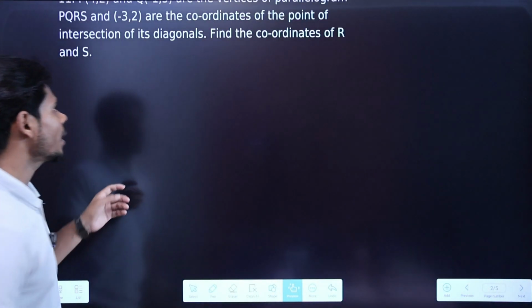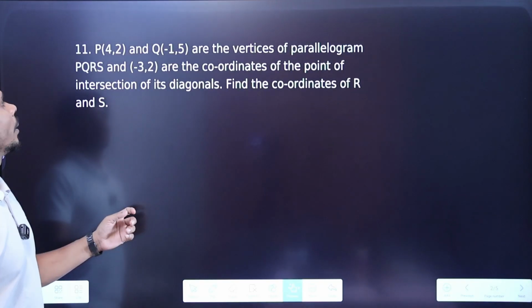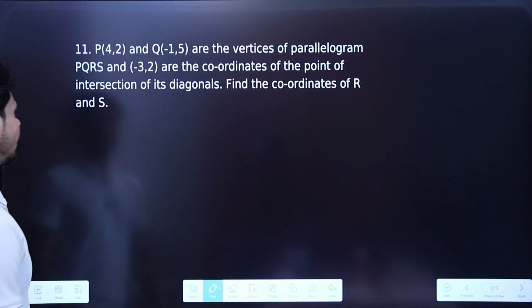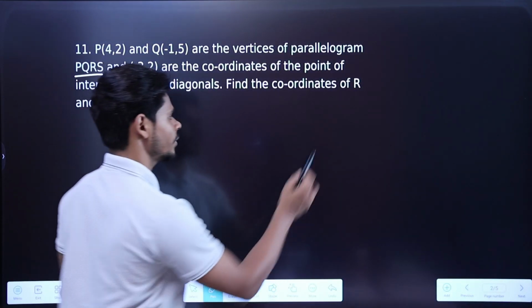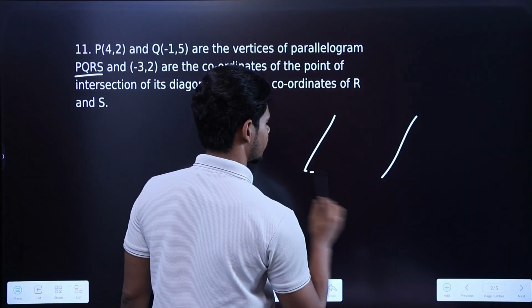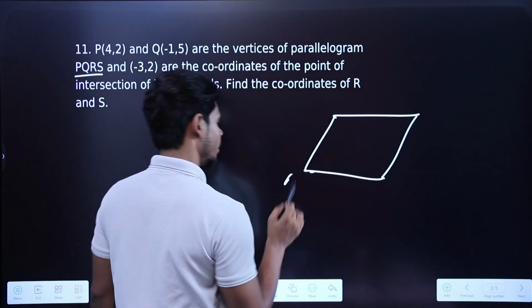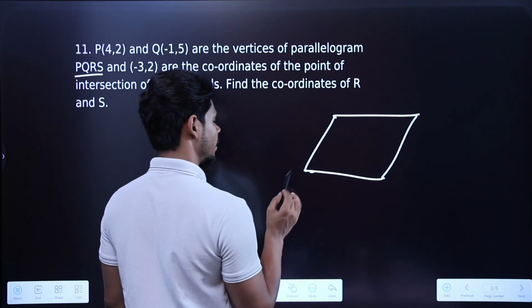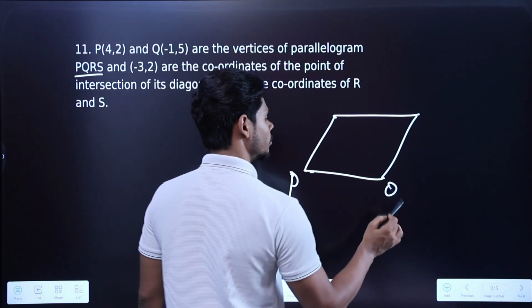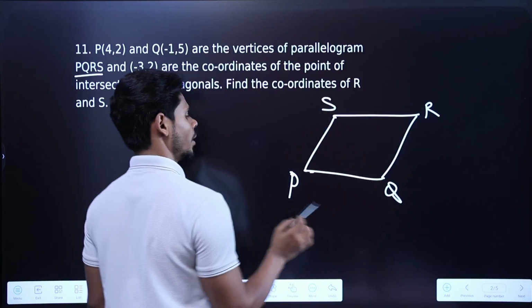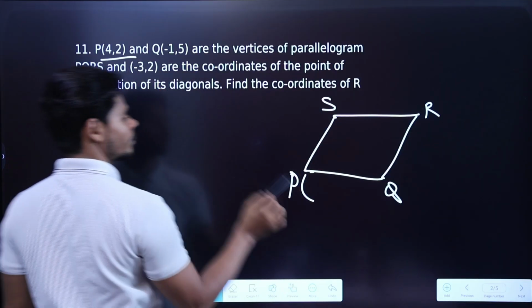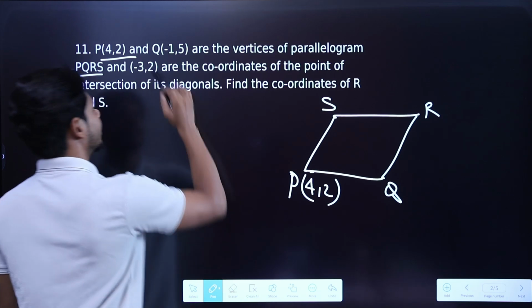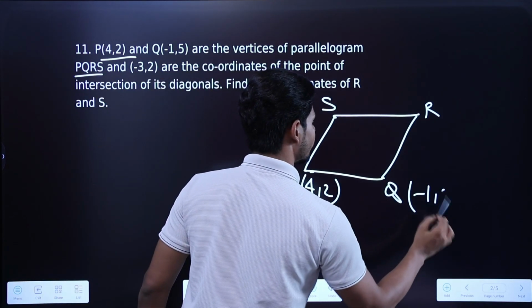Next, again we are given P and Q are vertices of a parallelogram PQRS. Let me first draw a parallelogram like this. We are given the name as PQRS. P coordinate is given 4, 2, and Q coordinate is given minus 1, 5.